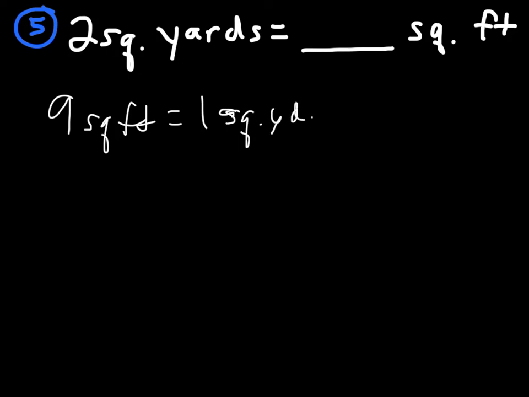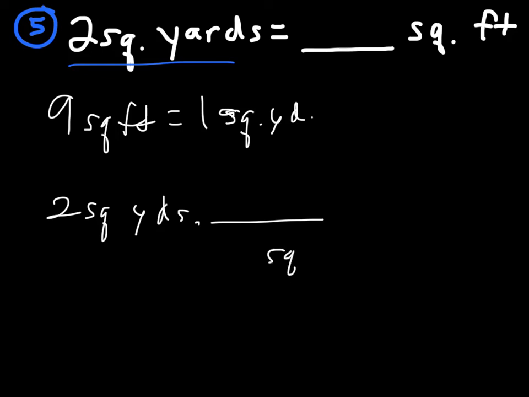So again I'm starting with my 2 square yards here. Since I'm starting with that, I need to take that times something with that on the bottom. So I only have 1 conversion, so that'll be on the bottom. Square yards here. And 1 square yard equals 9 square feet. That'll go on the top.